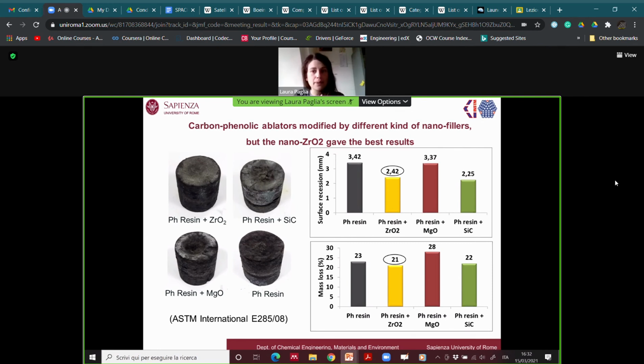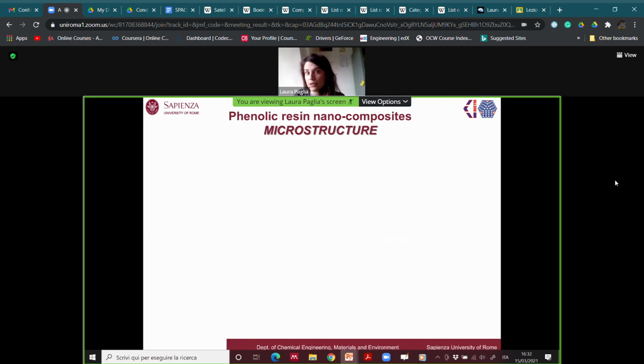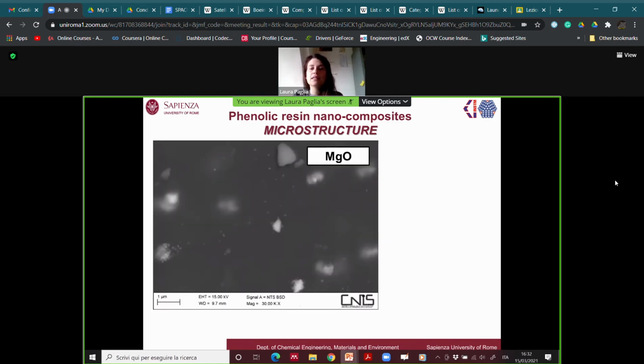But for example, in this case, when we go to observe the distribution of the nanoparticles inside the material, we can find an answer to our question. In fact, this is the distribution of the magnesia inside.